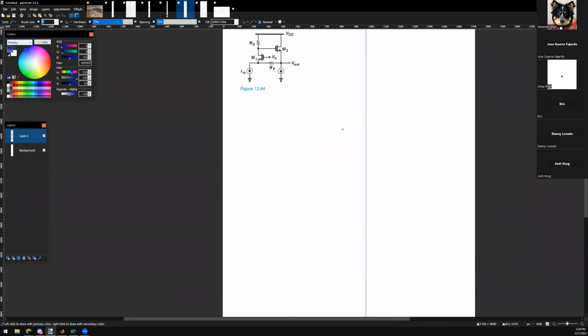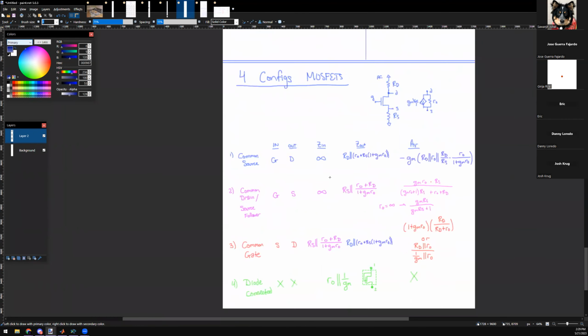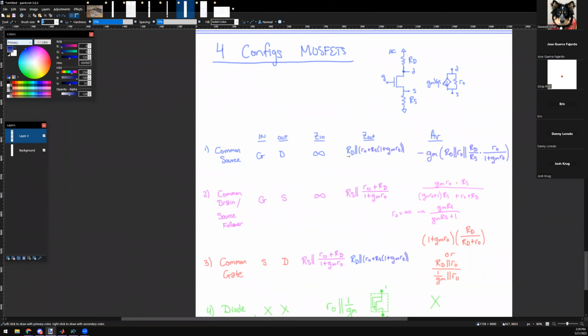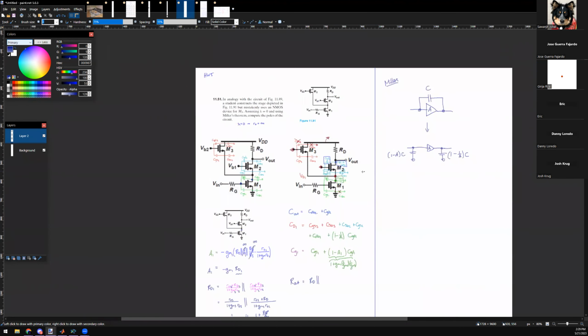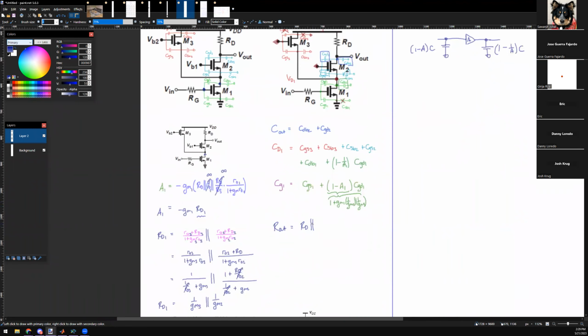If I look into the drain of M2, it's this, but RO is infinity, so it's infinity. So this is just RD, in parallel with infinity, which is equal to just RD.